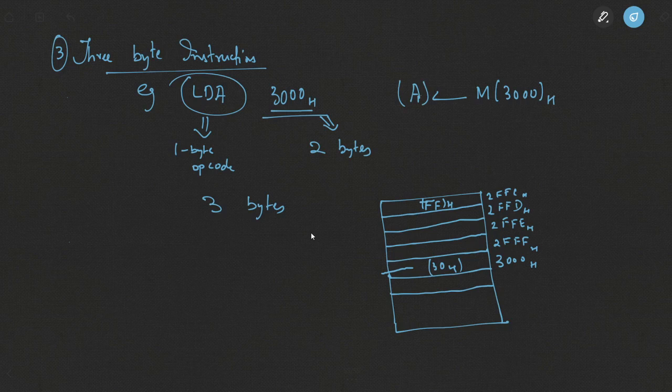Now this data will be taken one at a time. For example, it will first take out data from memory location 3000.